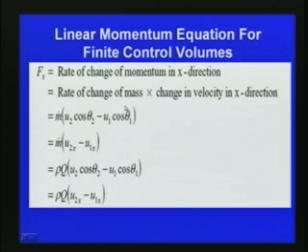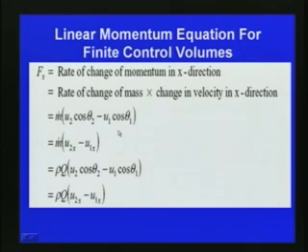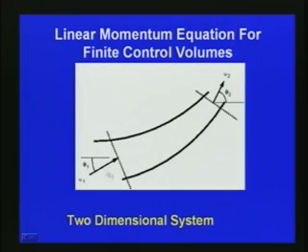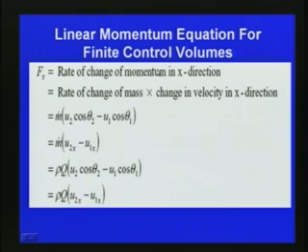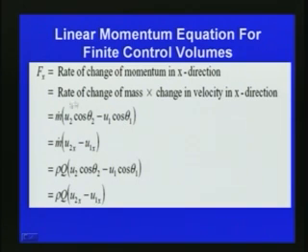If m dash is the rate of change of mass, then with respect to this figure, the change in velocity in the x direction can be written as u2 cos theta 2 minus u1 cos theta 1, where theta 1 is the angle here and theta 2 is the angle here, into the rate of change of mass.